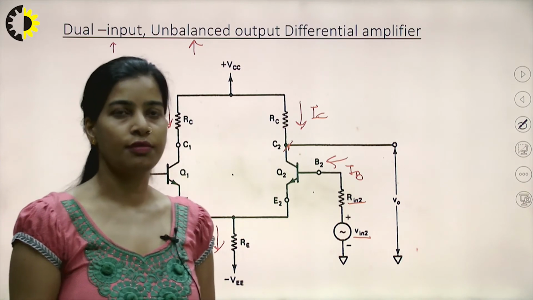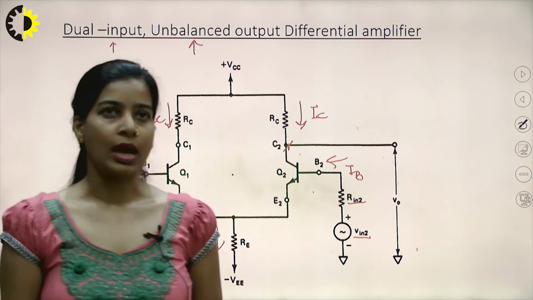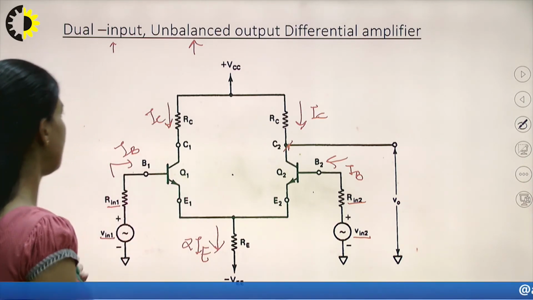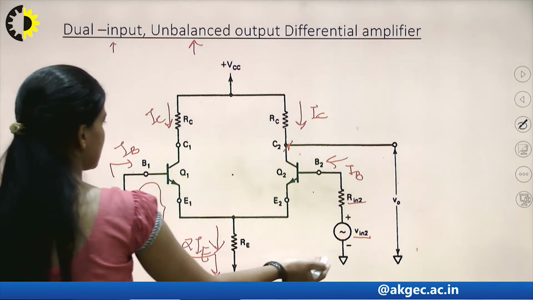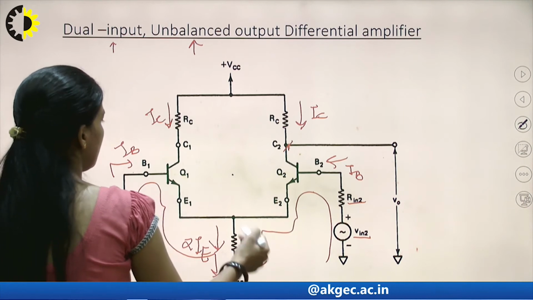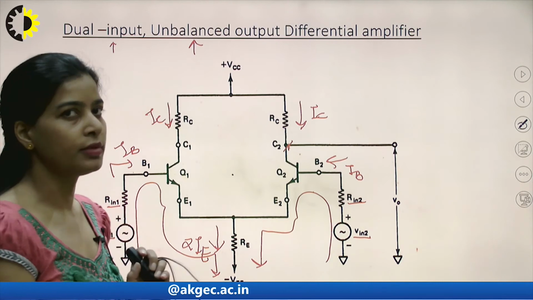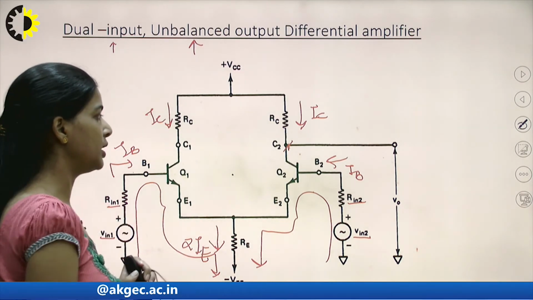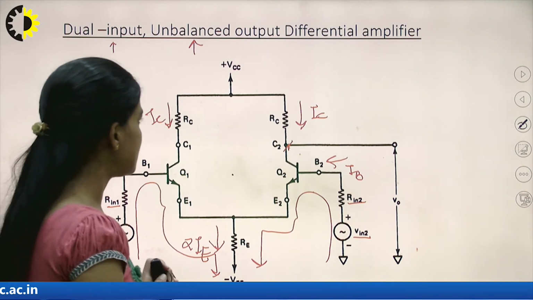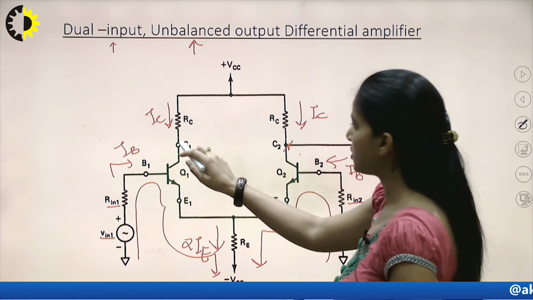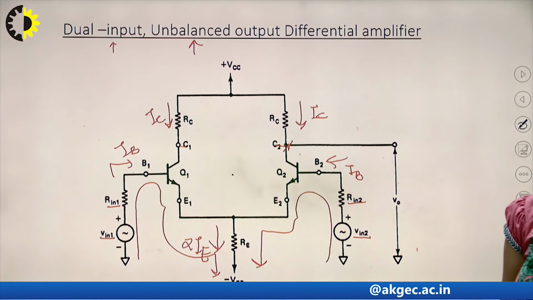The expression of quiescent DC point will be same as that of the previous configuration, because when we apply KVL in the input loop, from both the sides we can use any one of the loops, we can see there is no change in the base emitter loop of this configuration and the previous configuration. Output network is also same, with the difference that we were earlier measuring the output between these two. Now we are measuring between collector 2 and ground.